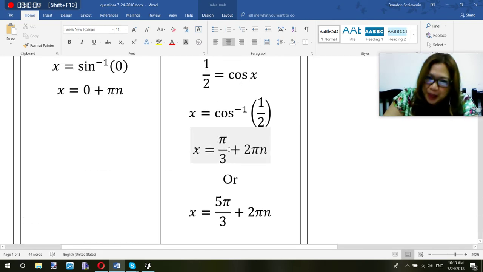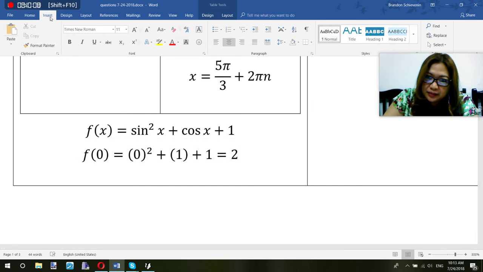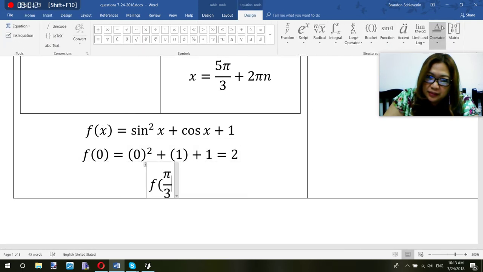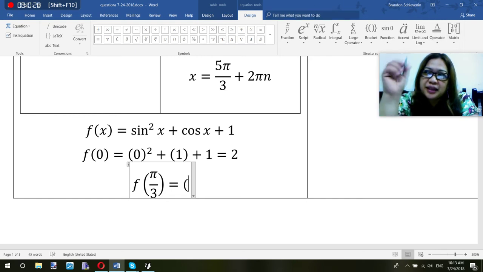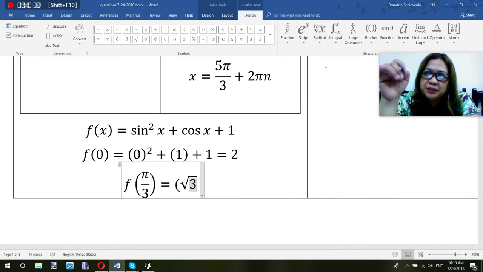Then I'm going to do my next point at pi thirds. So my function at pi thirds is equal to, what is the sine at pi thirds? That is square root of 3 over 2.